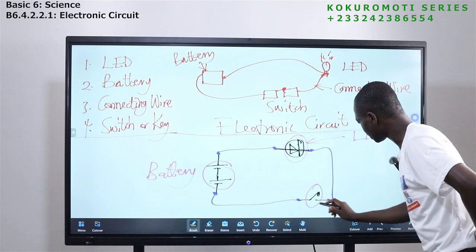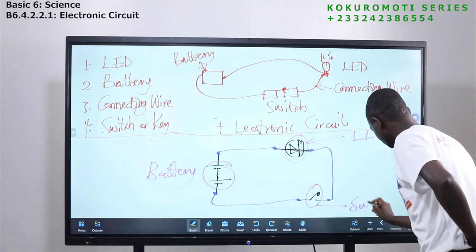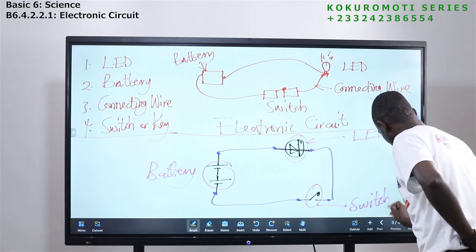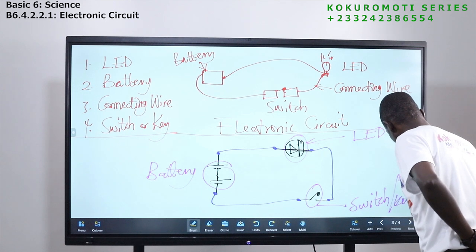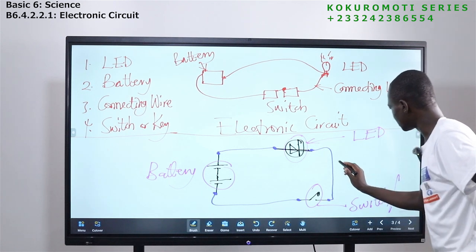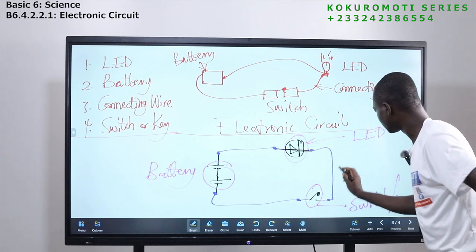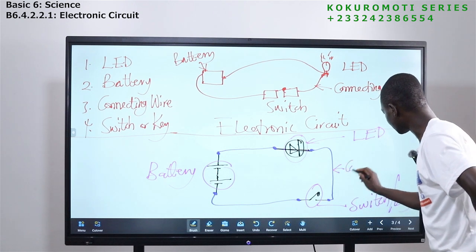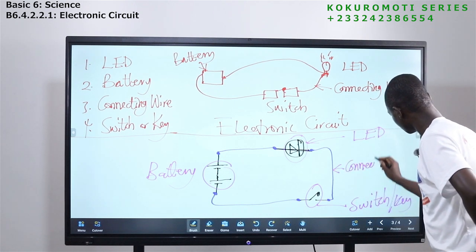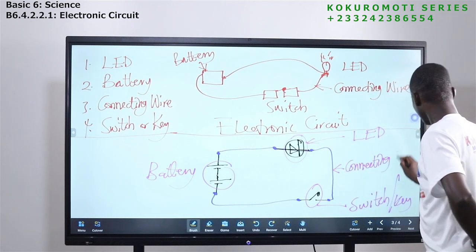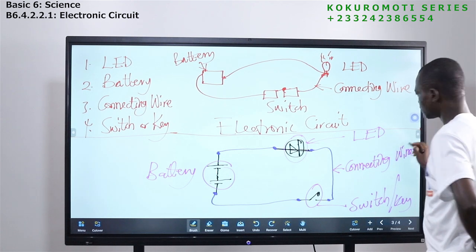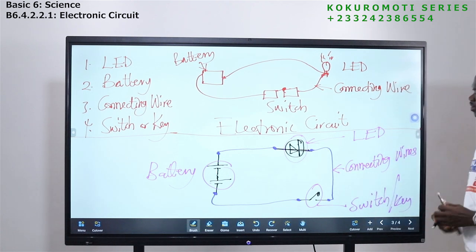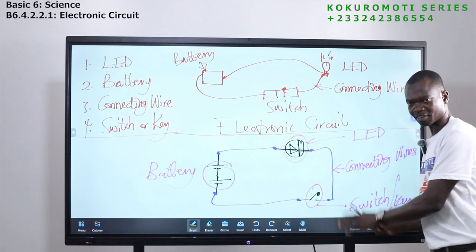And we have this as switch or key. And this side, the blue side, is what we call the connecting wires. So this is circuit diagram.